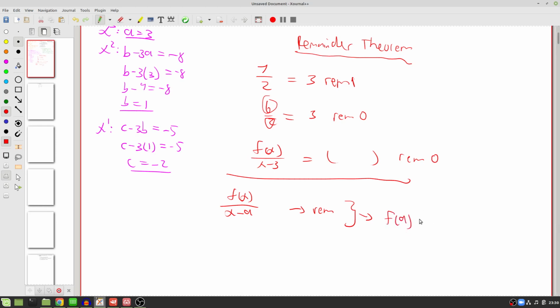So f of a equals the remainder. Perfect, so that's all we did. In our case we had f of x divided by x minus 3, so to find the remainder we said f of 3. f of a gives us the remainder, and in this case f of 3 will give us the remainder. We found f of 3 was equal to 0, so the remainder was 0, which means this is a factor of that. If you have a remainder of 0, you have a factor.